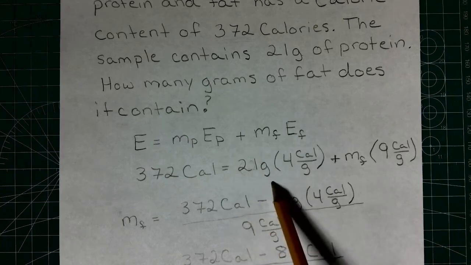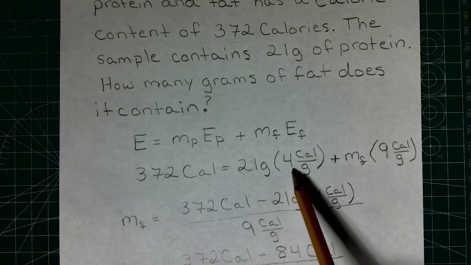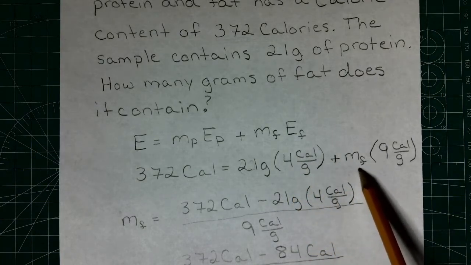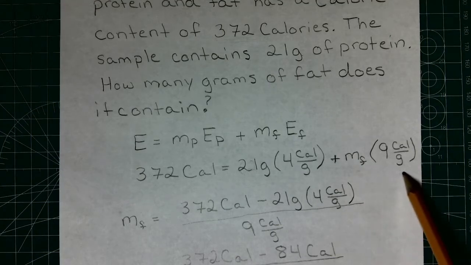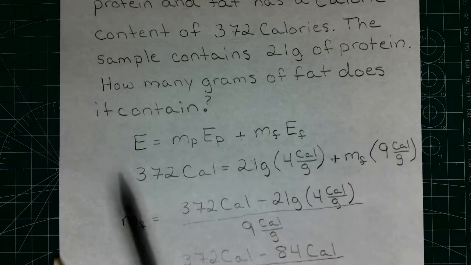There's 21 grams of protein. I know its caloric content is 4 calories per gram. I'm asked for the mass of the fat, so that's my unknown. But I do know that its caloric content is going to be 9 calories per gram.